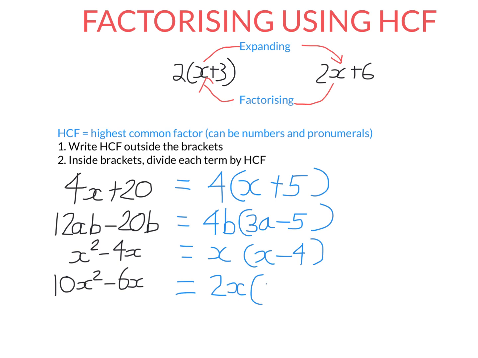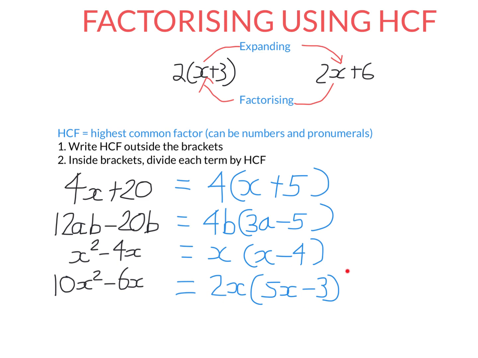I need to times by 5 to get to 10, and I need to times by x, so it's 5x. 2x times 5x is 10x squared. Now I say, what do I times by 2x to get negative 6x? Well, I need to times by negative 3 to bring up the negative 6. I don't need to write an x. I already have it. 2x times negative 3 is negative 6x.